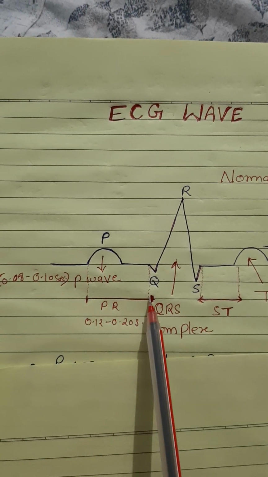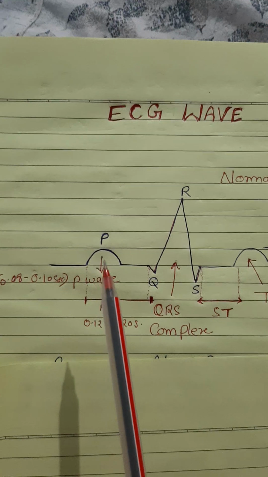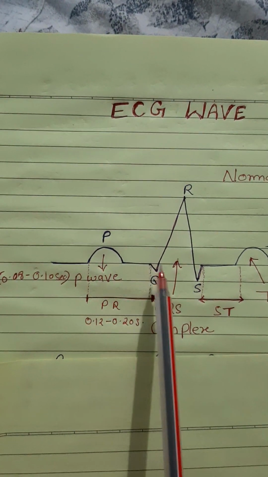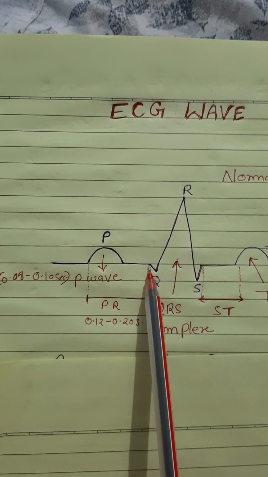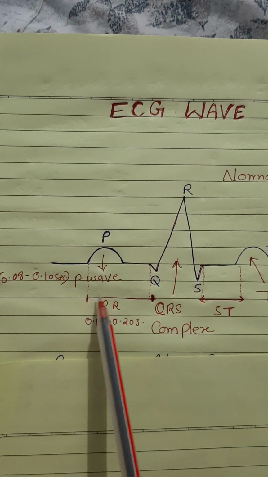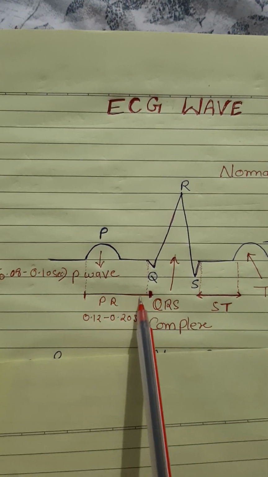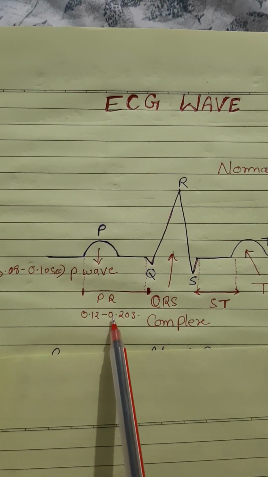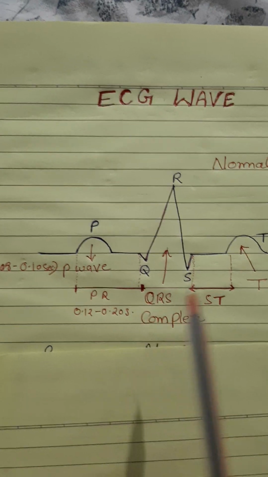Don't be confused about the PR interval. Keep in your mind that it is from the start of the P wave till the start of the QRS complex. So from here till here it is the PR interval, and its duration is 0.12 to 0.20 second.